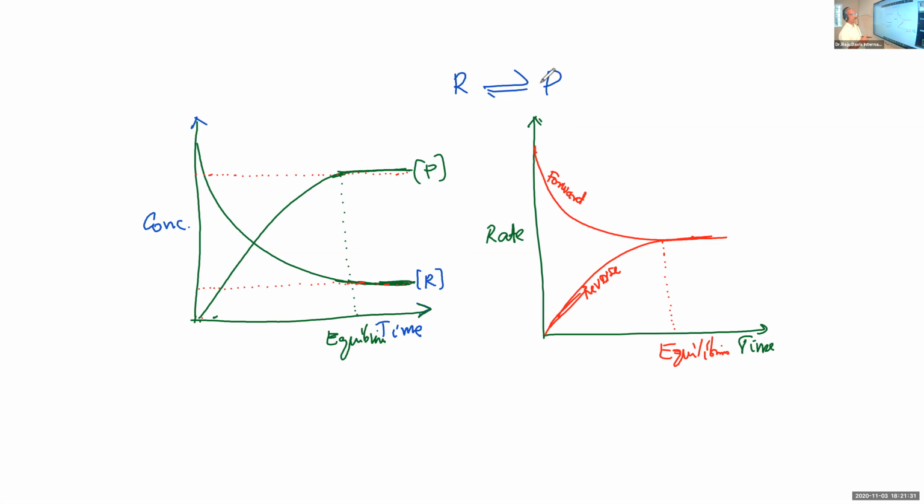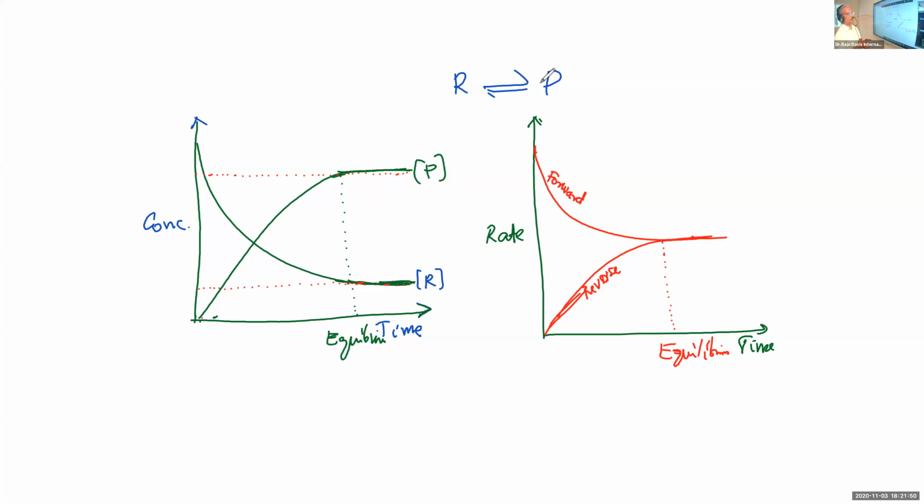Similarly, you take the rate. At the beginning, the rate of the forward reaction will be the maximum. As time goes on, the rate of the forward reaction decreases, but the rate of the reverse reaction slowly increases.